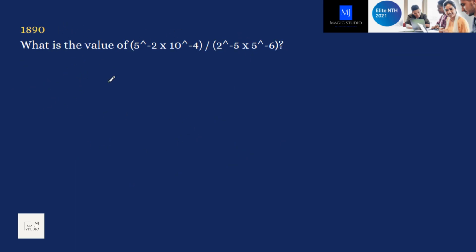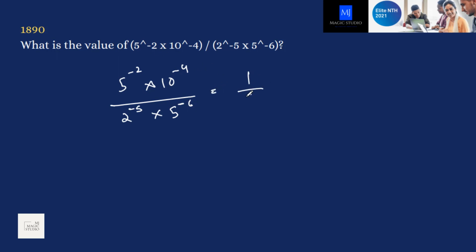What is the value of, okay, a simplification question on every single screen. One question on simplification was there and they were quite easy, but you just need to make a note and keep solving. 5 to the power minus 2 into 10 to the power minus 4 is divided by 2 to the power minus 5 into 5 to the power minus 6.